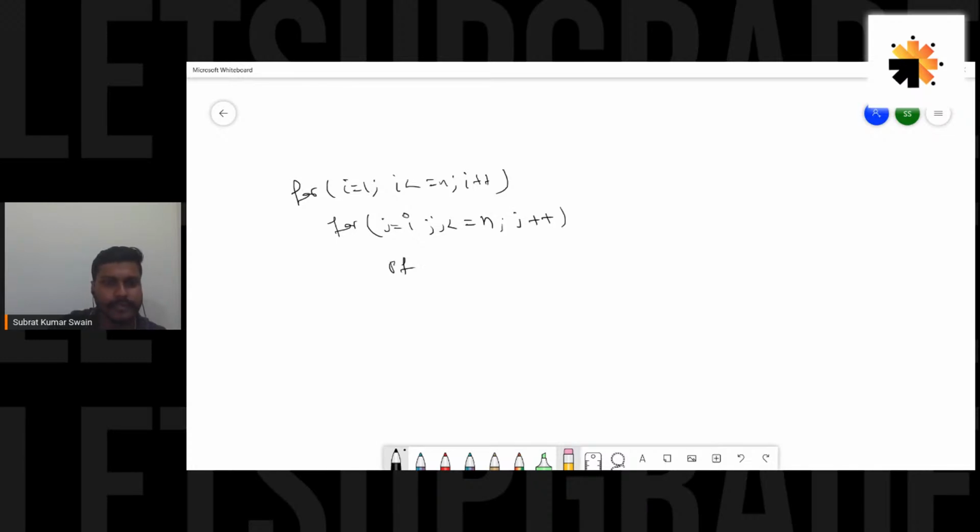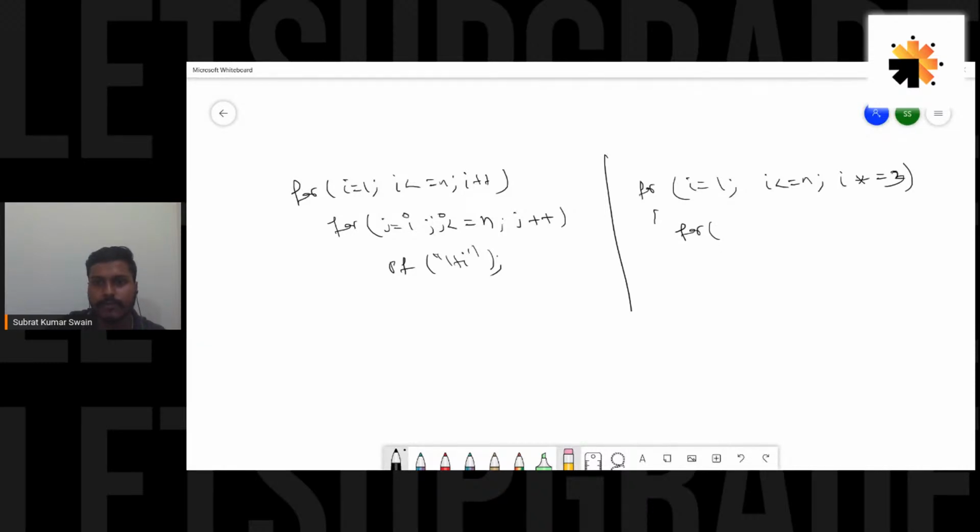Then let's say there is a printf hi. You need to find the time complexity for this code snippet. This is semicolon, this is j. Yeah, j equal to i, j less than equal to n, j plus plus. Fine. This is one thing, and the other thing is for i equal to 1, i less than equal to n, i multiply equal to 2, or let's say 3.